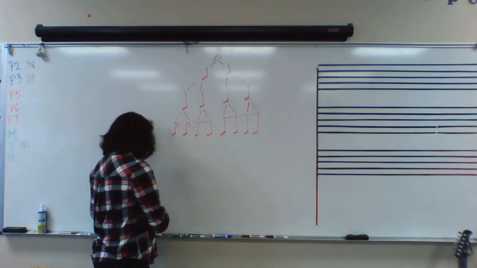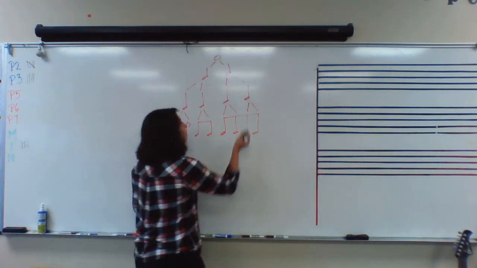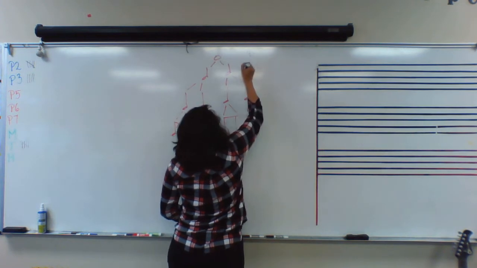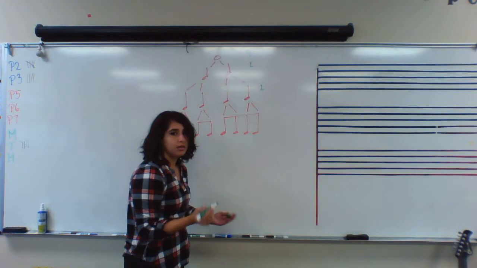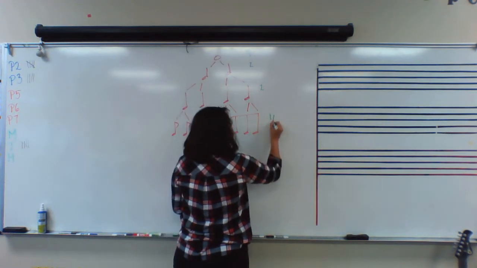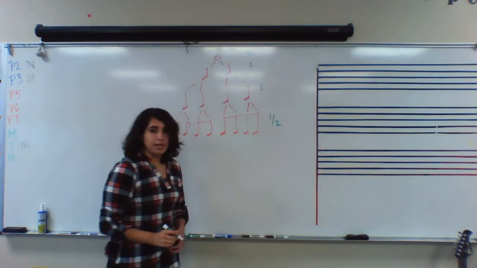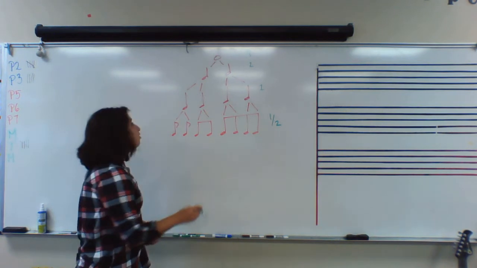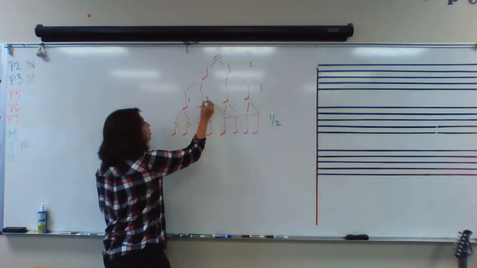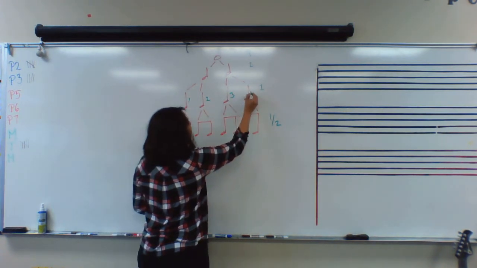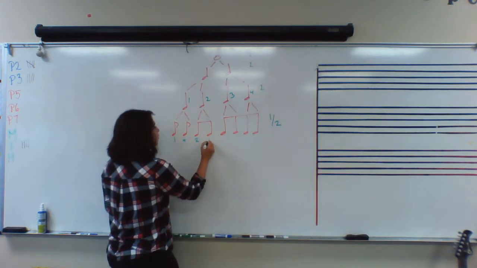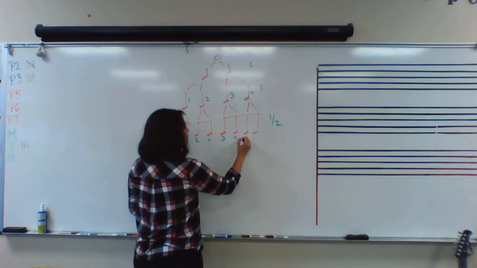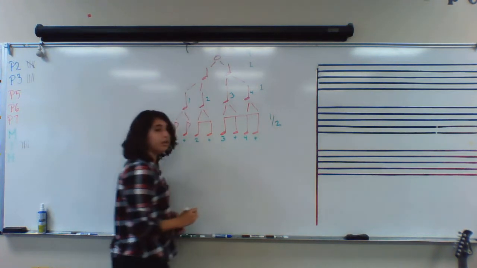How many beats does an eighth note get? Well, if this gets 4 beats and this gets 2 beats, this gets 1 beat. What's half of 1? It's a half. This gets a half of a beat, which means when we count it, we've got 1, 2, 3, 4. 1 and 2 and 3 and 4 and.